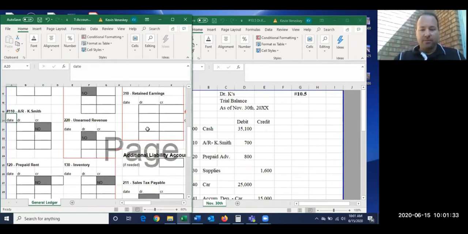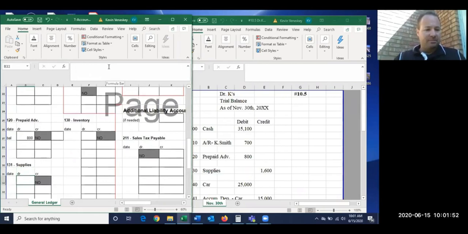That patient owes us $700, so we'll put that in as his opening balance. Then we have some prepaid advertising, so we'll just change the name of the prepaid rent to prepaid advertising. Our balance is $800. Supplies, we're going to take out the negative and put $1,600, knowing that obviously isn't right.